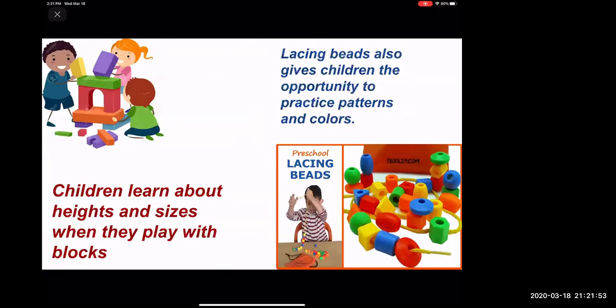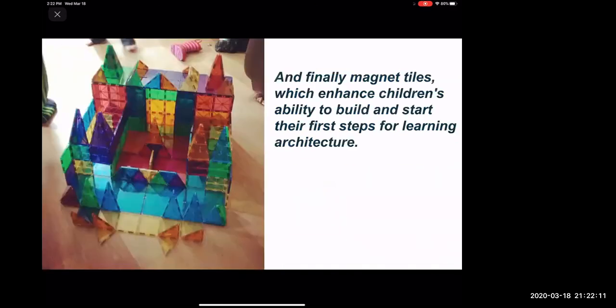So when children are playing with blocks, they're learning about heights and sizes. And when they're lacing beads, they're not only like playing or having fun or wasting time, they're also learning or practicing their patterns and colors. And finally, when they play with magnet tiles, they enhance their ability to build and start their first steps for learning architecture if they wanted to do it when they grow up, but like they will have the base of it.